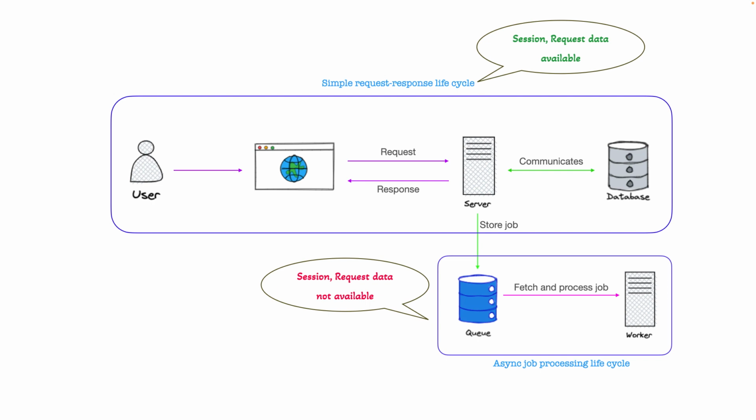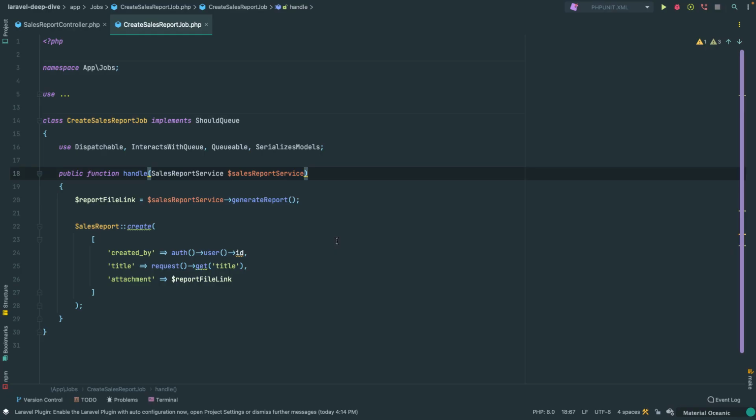So we cannot just call the session helper, request helper or auth user helper to access those data. As a Laravel developer, you should have a clear idea about this mental model, how Laravel handles the general request response and how it processes asynchronous jobs. I think now it's clear to you why we should not write code like this in our jobs.